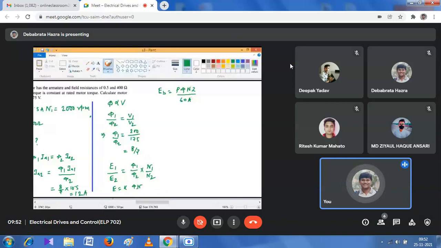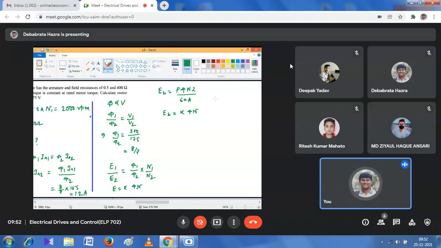So after designing a machine, we can write a constant into phi into N. So from that equation we can write E1 by E2 is equal to phi1 by phi2 into N1 by N2. We know the value of phi1 and phi2, and we also know the value of N1. So we have to calculate the value of E1 and E2.